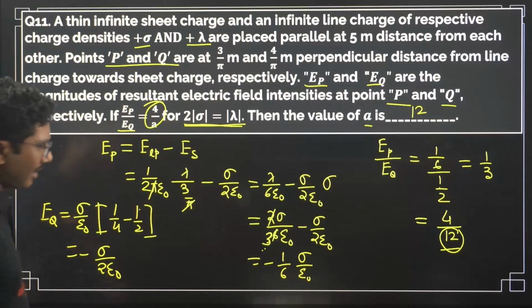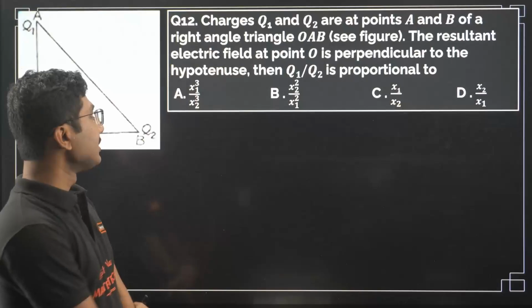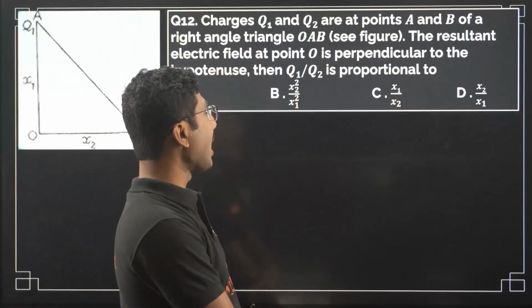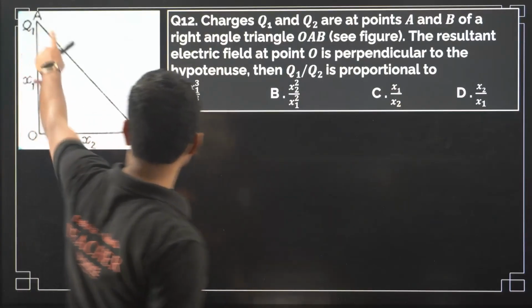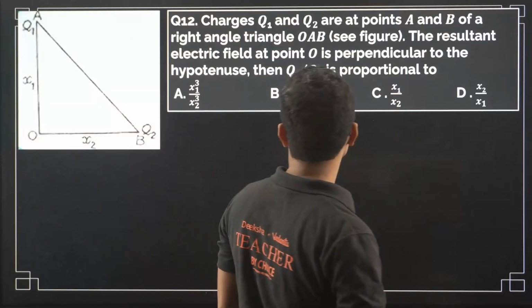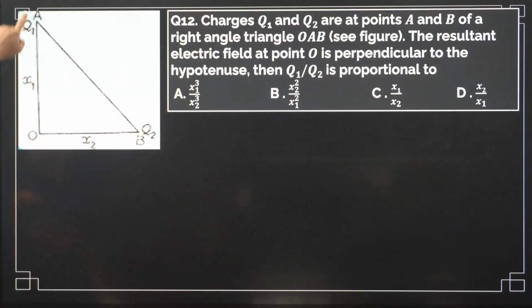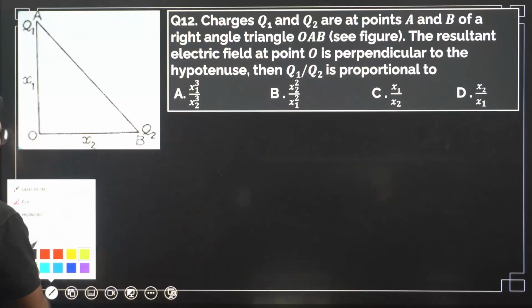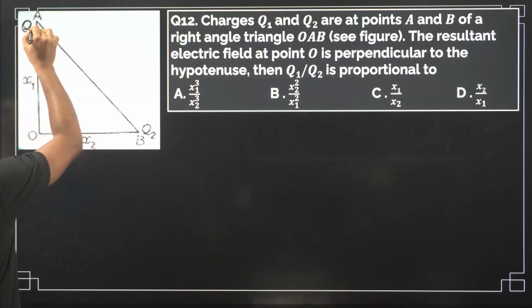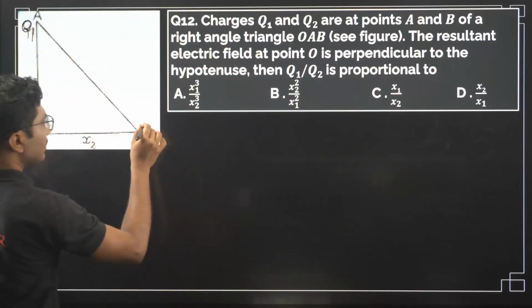Next question. Charges Q1 and Q2 are at points A and B of a right angle triangle OAB. So OAB is the right angle triangle, and charges Q1 and Q2, let me bold it so that you can see, this is Q1 and this is Q2.